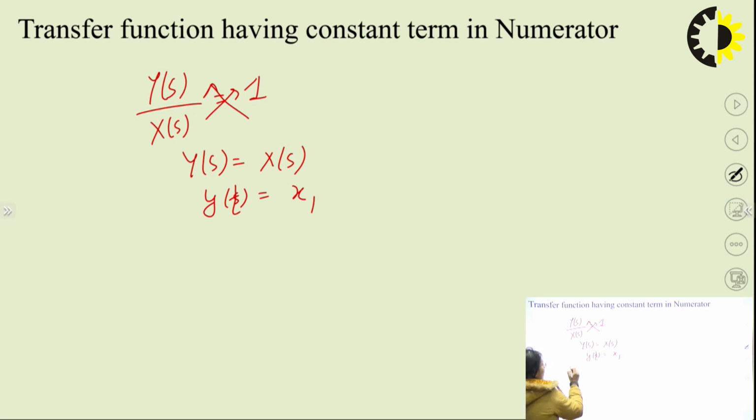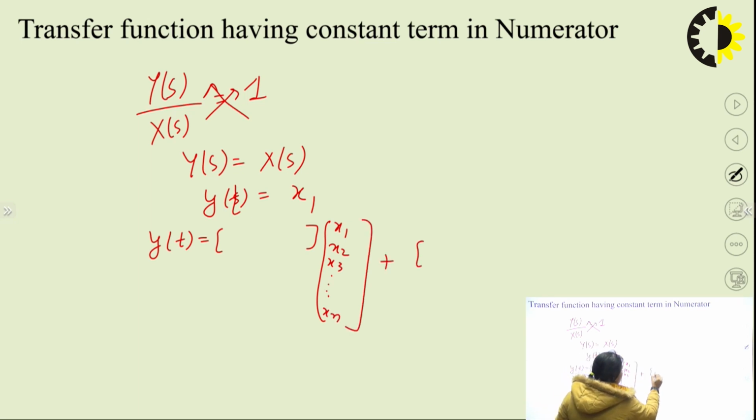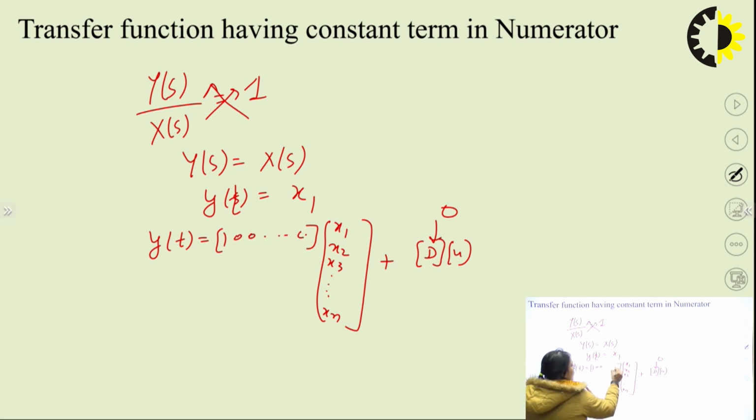So I can write y(t) equal to C into x1, x2, x3 up to xn, plus 0 D into u. This term is 0 because y is equal to x1, so C is 1, 0, 0 and so on till 0.